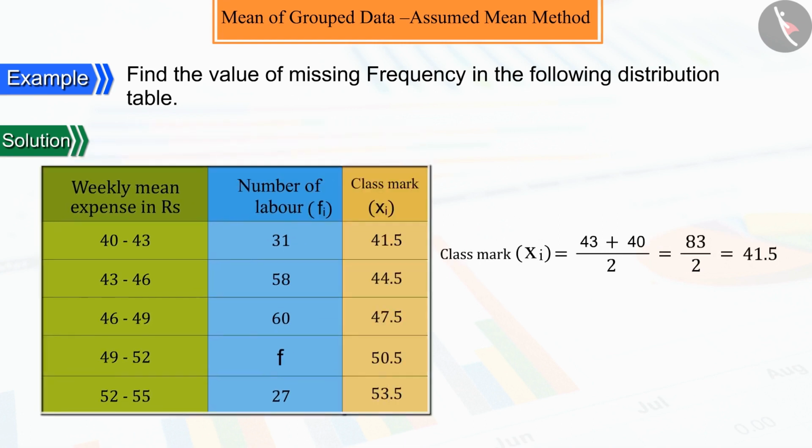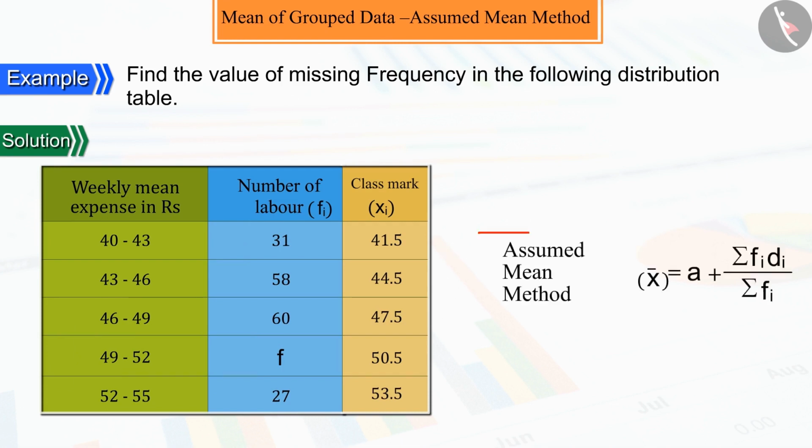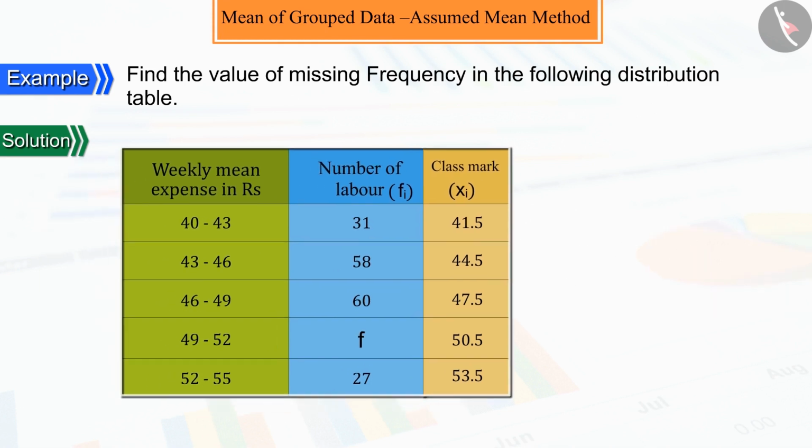As you know that, to make the calculation easier, we choose the assumed mean method. On that basis, we need an assumed mean here, which we choose from xi.